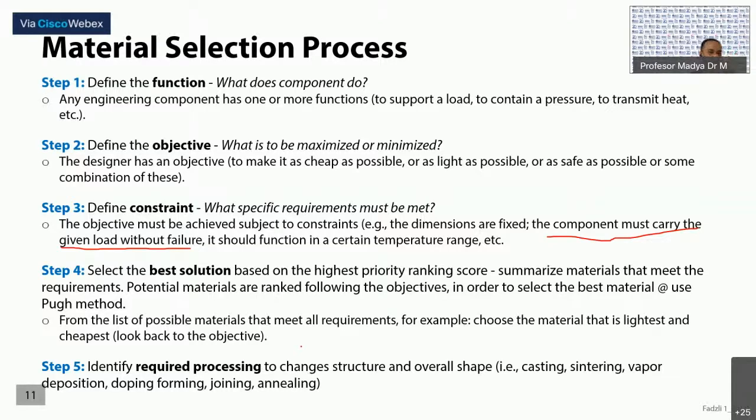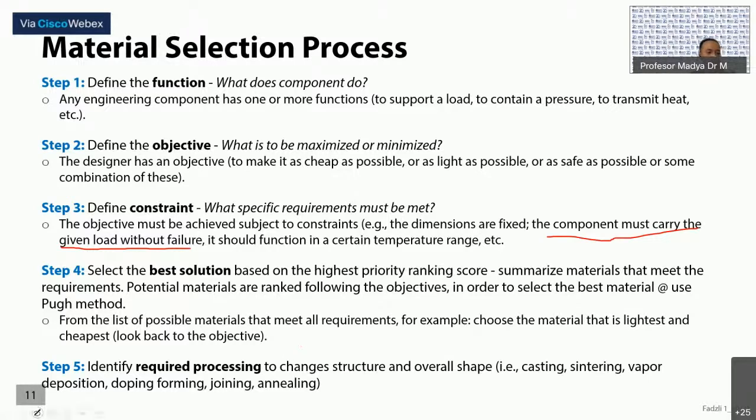Mungkin material A yang paling ringan dan juga murah. So that you pilihlah A. Ataupun yang keduanya, you boleh menggunakan push method yang you dah belajar dalam konsep design. You buat push method antara 5 ni tadi, menggunakan datum biasanya adalah material yang existing material. So that you rankingkan menggunakan push method. Dia ada 2 cara lah untuk cari the best solution.